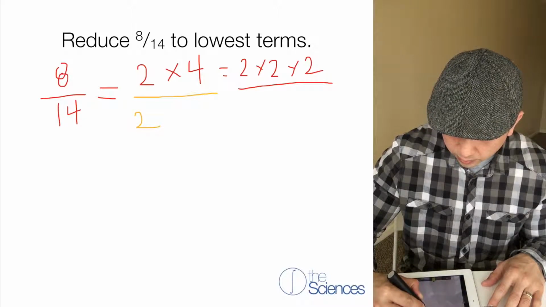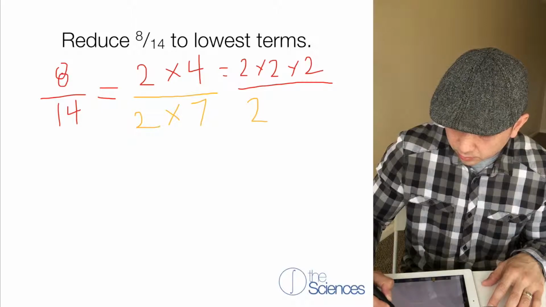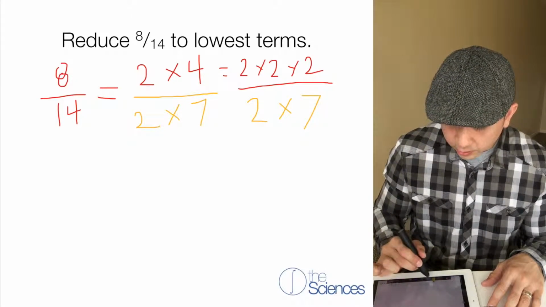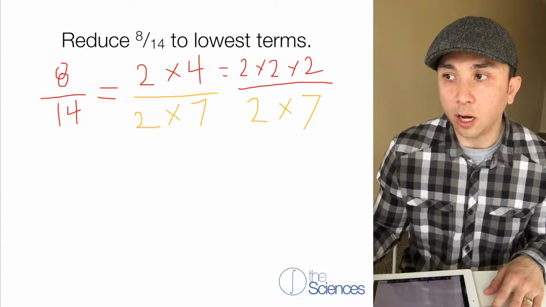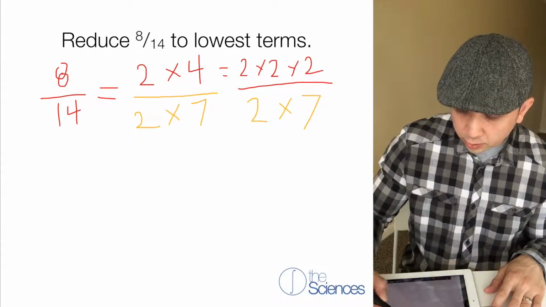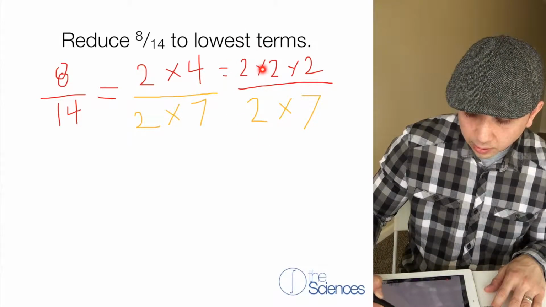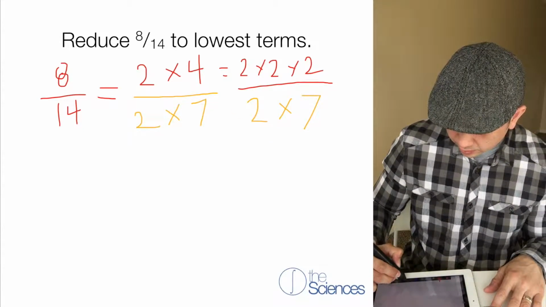So we can do 2 times 7. So now what we're going to do is cross out the terms that they have in common. We know the term they have in common is 2. We can see that in the numerator and in the denominator. So all we're going to do is cross that out.